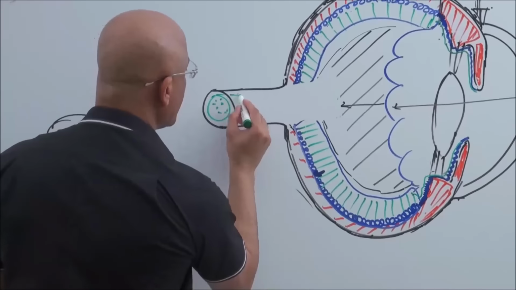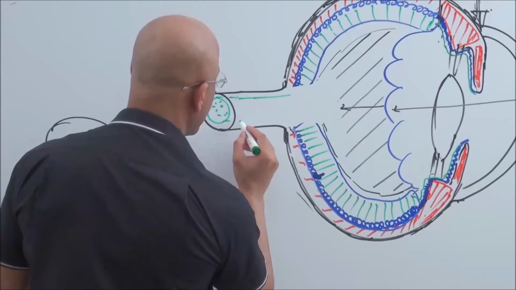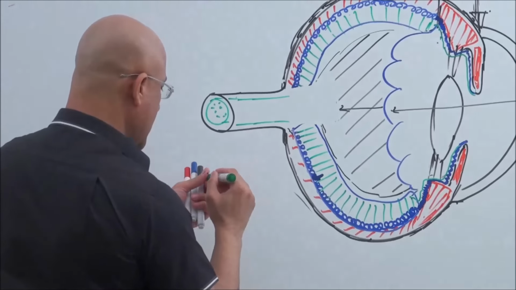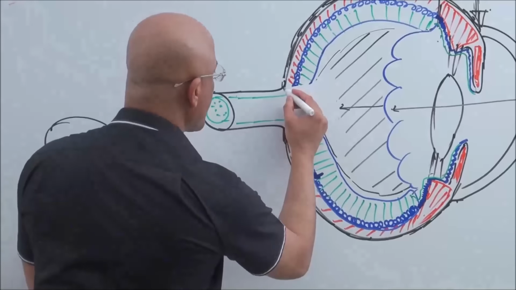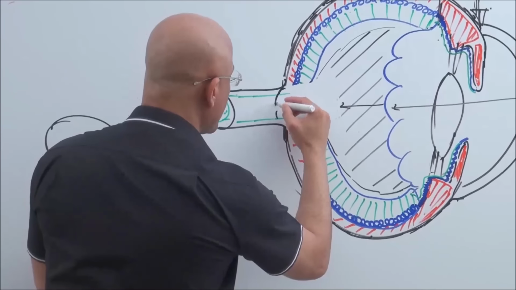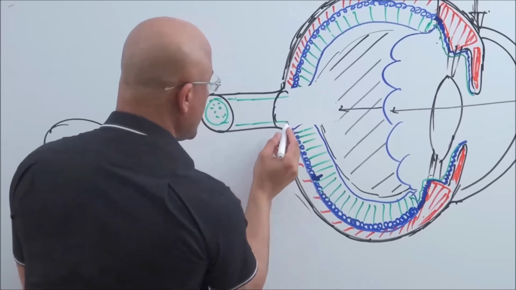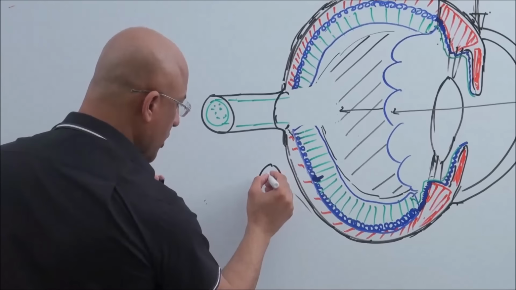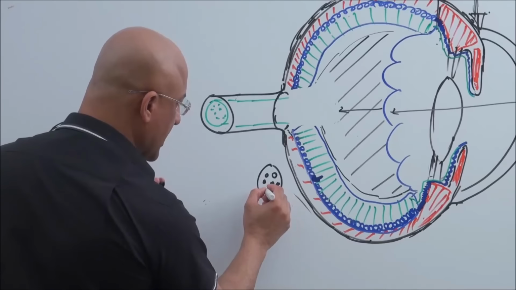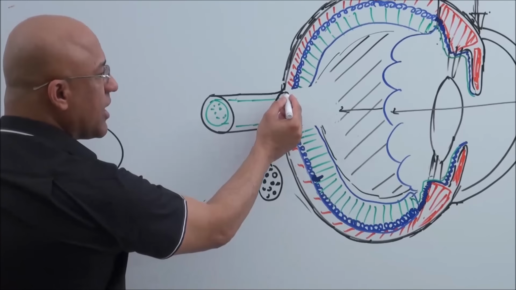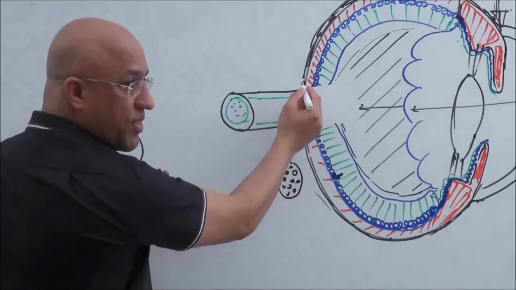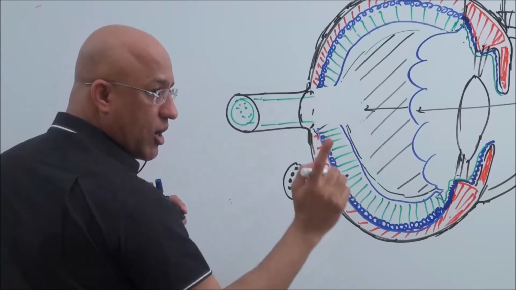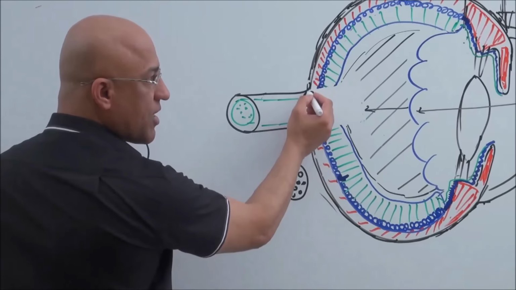This optic nerve is going inside. Here it pierces the sclera through a plate which has multiple holes. This plate has multiple holes through which the bundles of optic nerve fibers are passing. This is called lamina cribrosa. Lamina cribrosa is a part of the sclera.